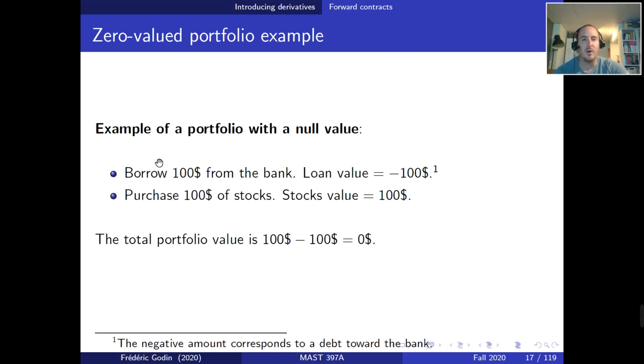Well, the value of the loan position is minus 100 because you have a debt of $100 to the bank, whereas you hold $100 worth of stocks, so the value of stocks in your portfolio is 100. So the total portfolio value is 100 plus minus 100, so the total portfolio value is 0. But that doesn't mean there are no positions in the portfolio. It just means that the net value of all positions is equal to 0.